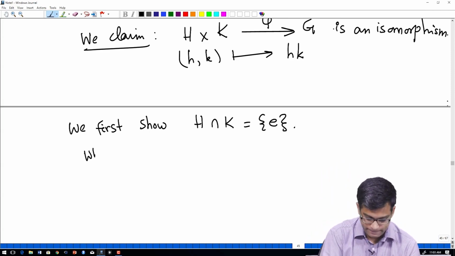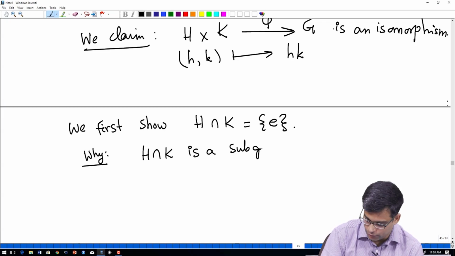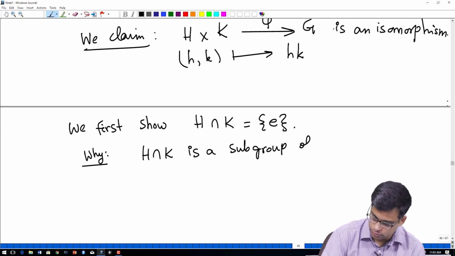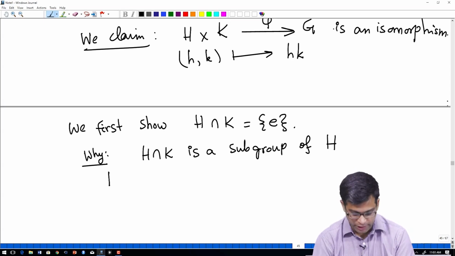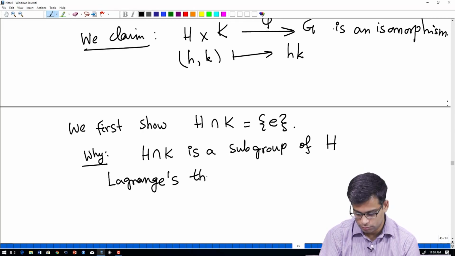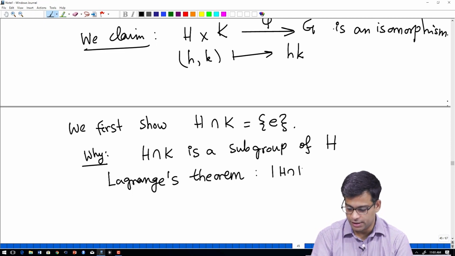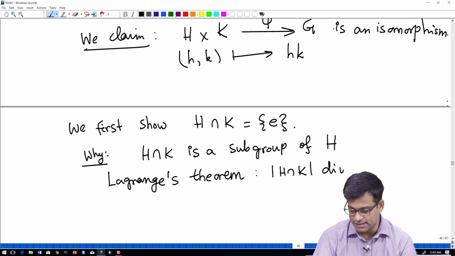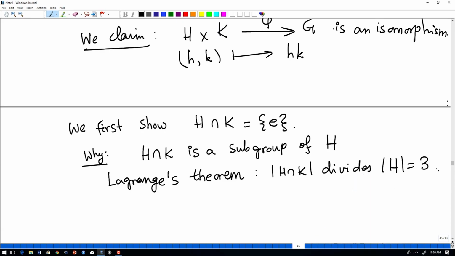This is easy, because H intersection K is a subgroup of H. By Lagrange's theorem, the order of H intersection K divides the order of H, which is 3.